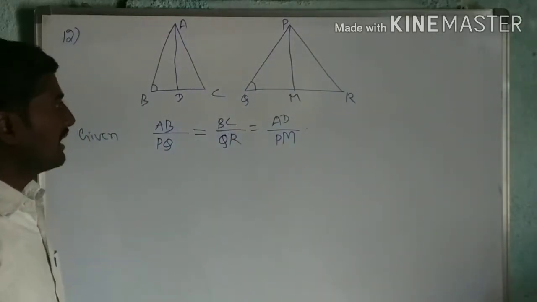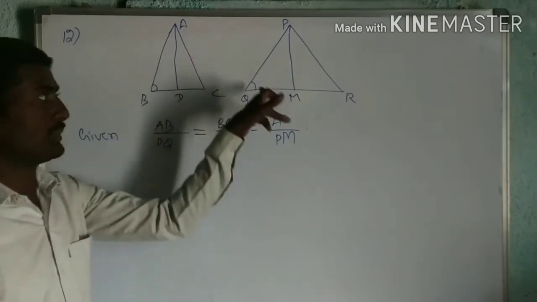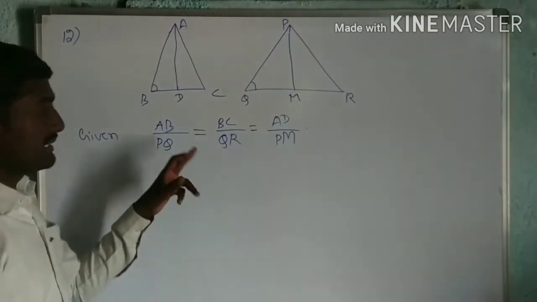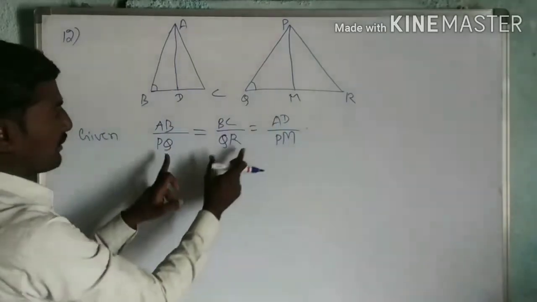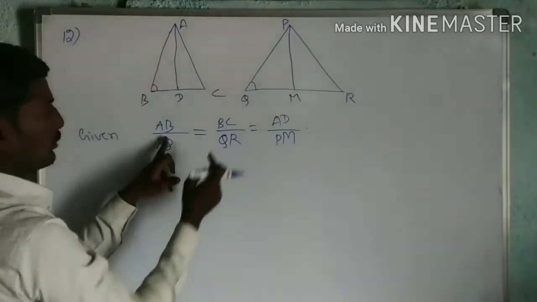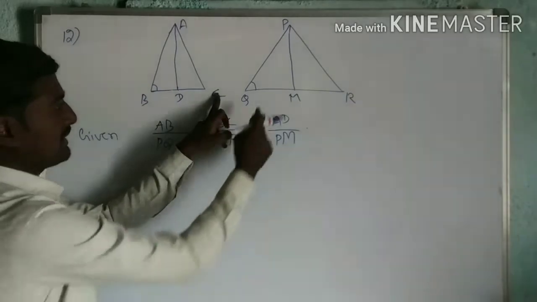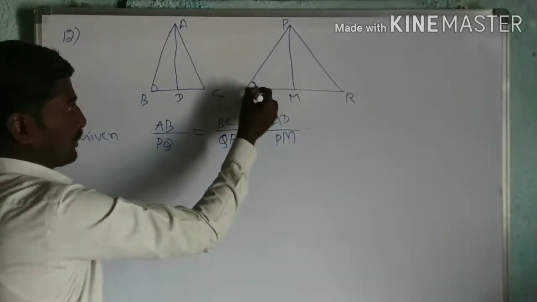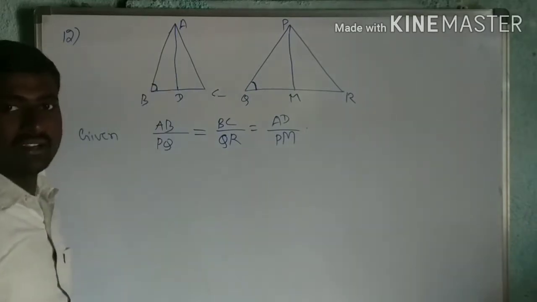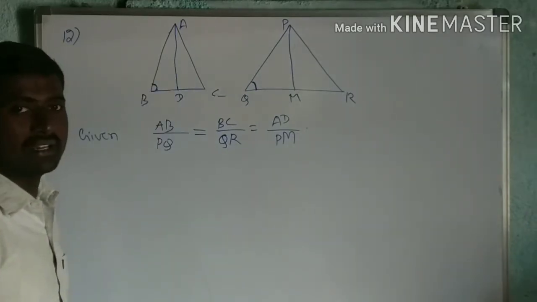Here two sides are given: AB, PQ is one pair, then BC, QR is another pair. So I have to prove these two angles, angle B and angle Q, are equal.